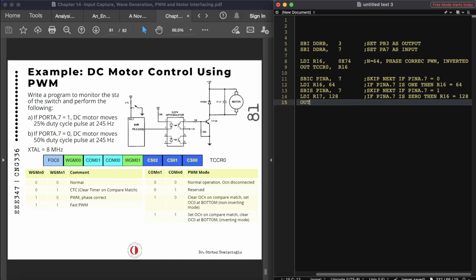And then OUT OCR0, R16. So based on the pins, the OCR value will be set. So OCR0 equals R16. And then RJMP L1, where we need to jump back over here and start checking it again.